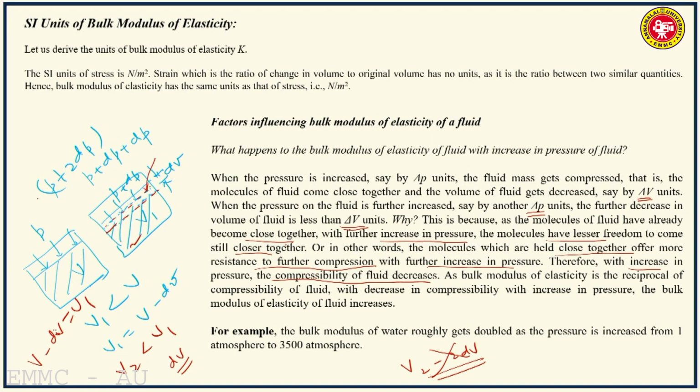As the bulk modulus is nothing but the reciprocal of the compressibility of the fluid, so with decrease in compressibility, what happens? With increase in pressure, the bulk modulus of elasticity of the fluid increases. So, with increase in pressure, the compressibility decreases. Therefore, the bulk modulus of elasticity increases, because bulk modulus of elasticity is the reciprocal of the compressibility.